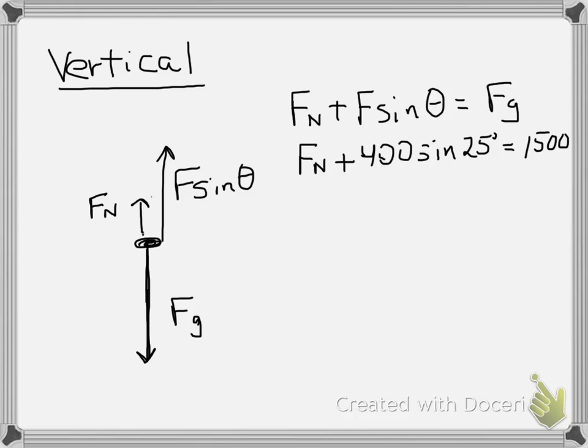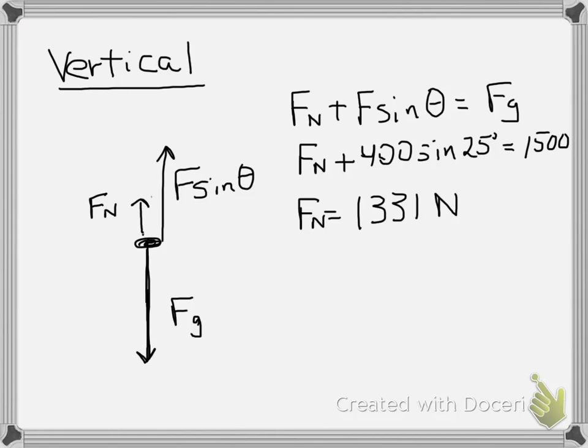Now, you always solve this part of the problem first, and if you solve that, you should come up with a normal force of 1331 newtons. Now, that makes sense because if I'm pulling up, the normal force should be less than the weight.